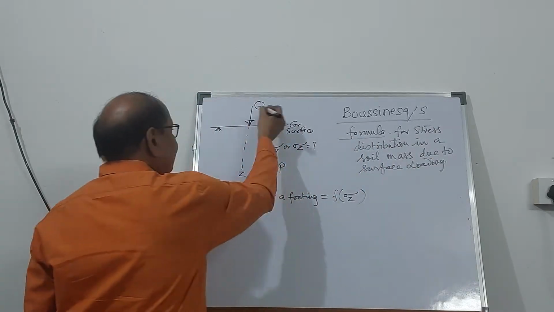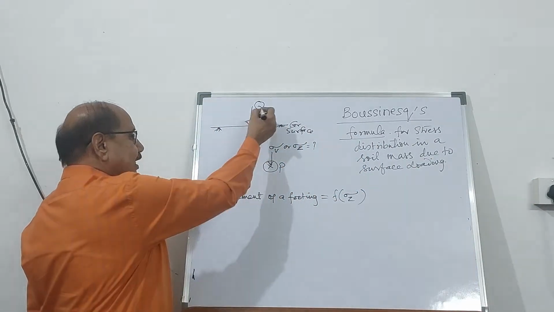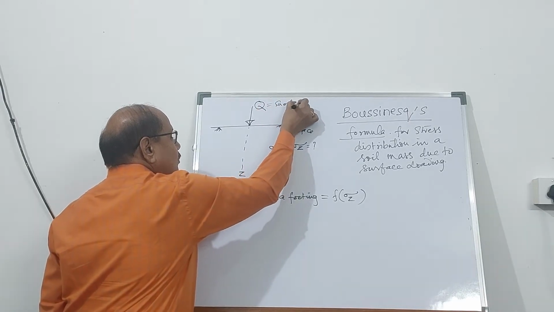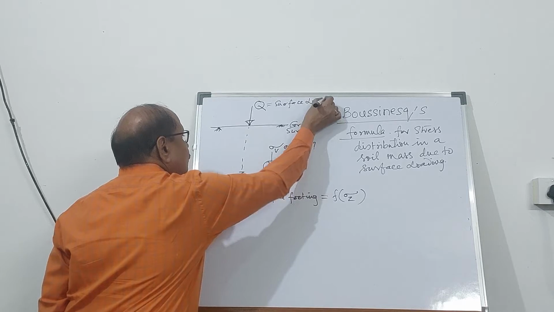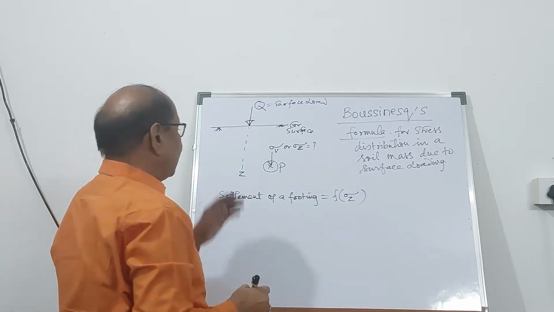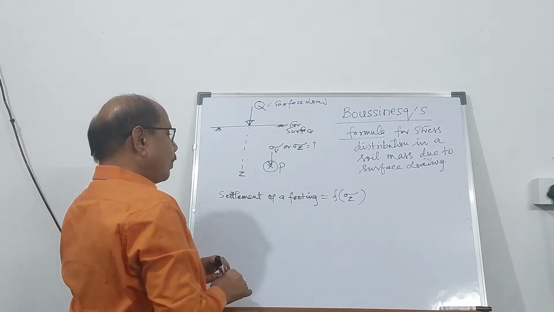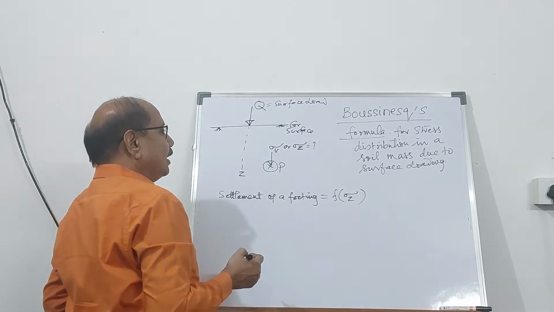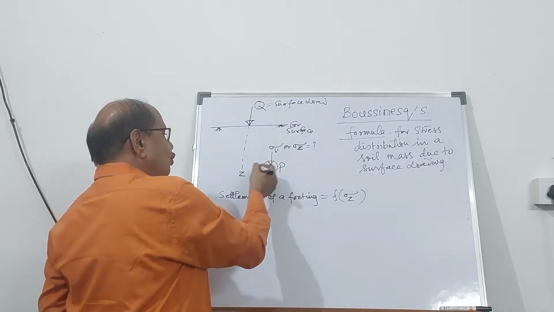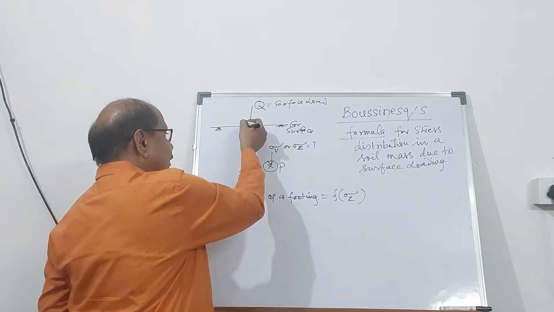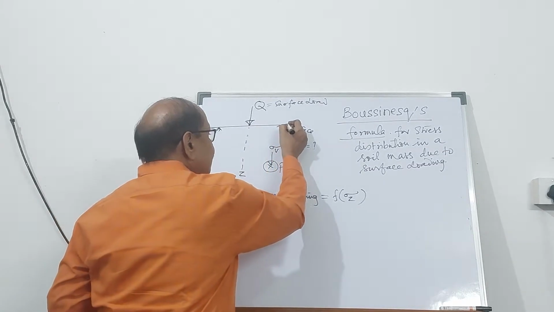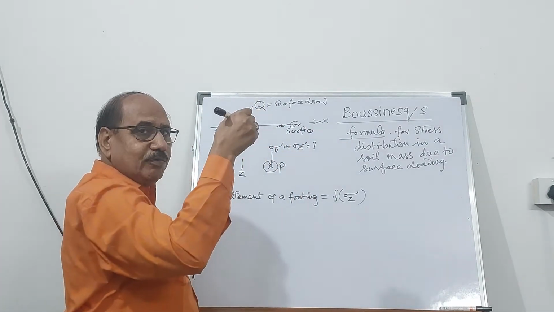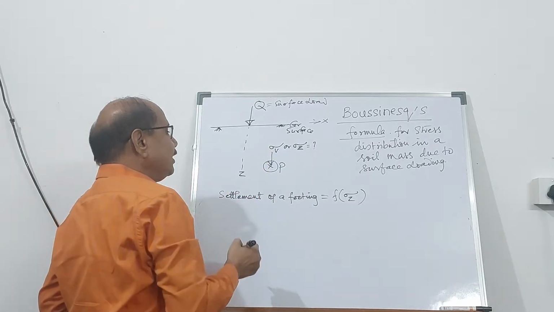So here surface loading has been taken as Q. This is the surface load, which is acting over the ground surface. So if you want to find out, this becomes the x direction, perpendicular to the board will be y direction, and this becomes the z direction.